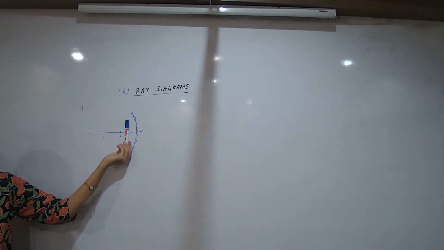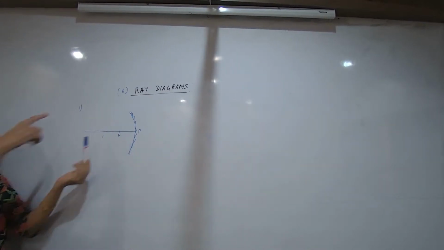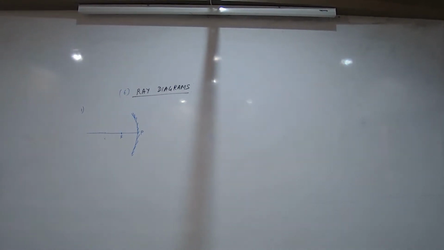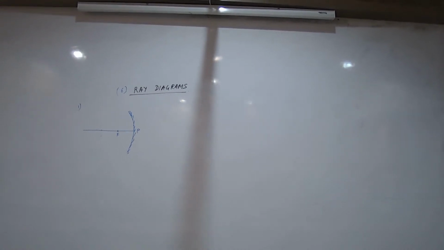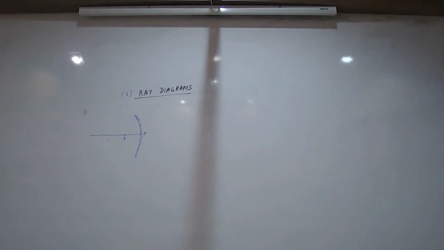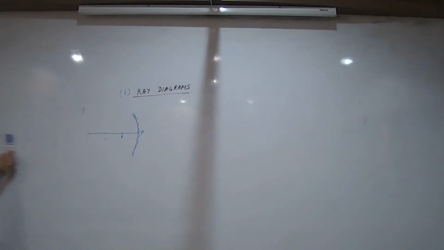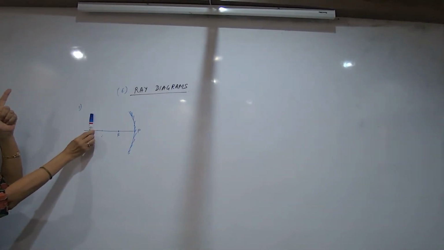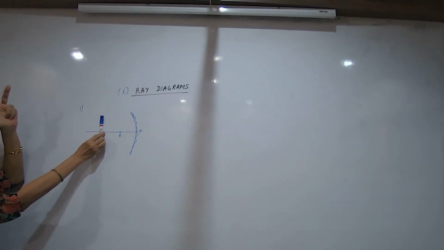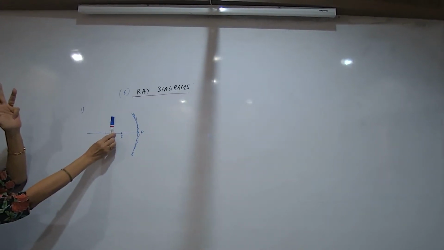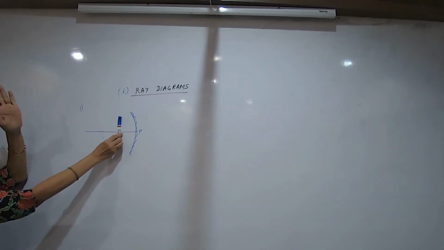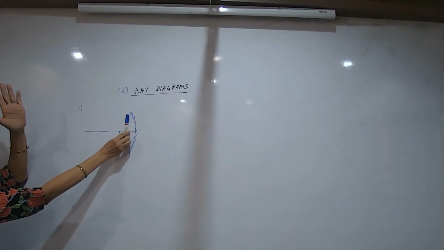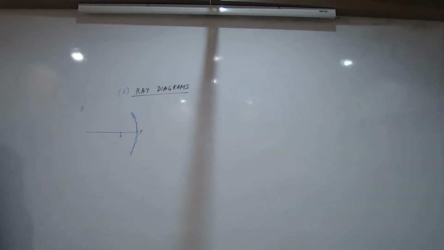How many positions? Count. Tell me. One where? Infinity. Very far away. Object is at infinity. Beyond C. Between C and F. Between F and P. And the last one.